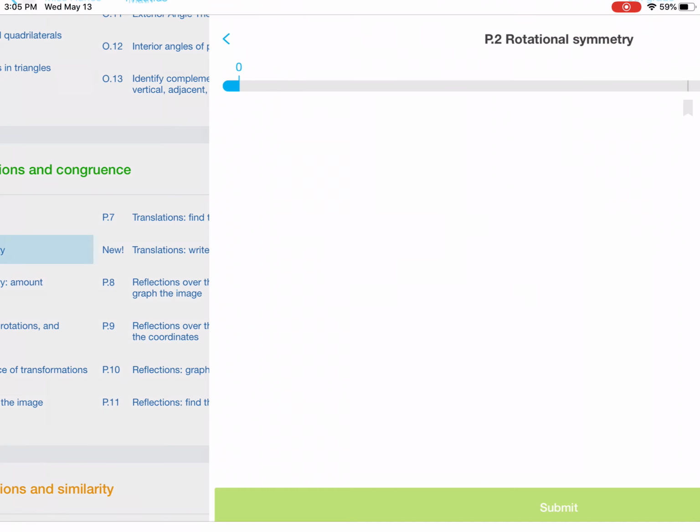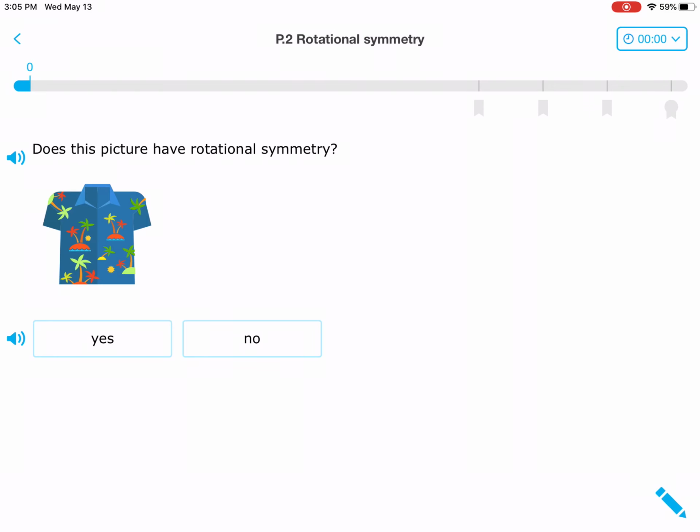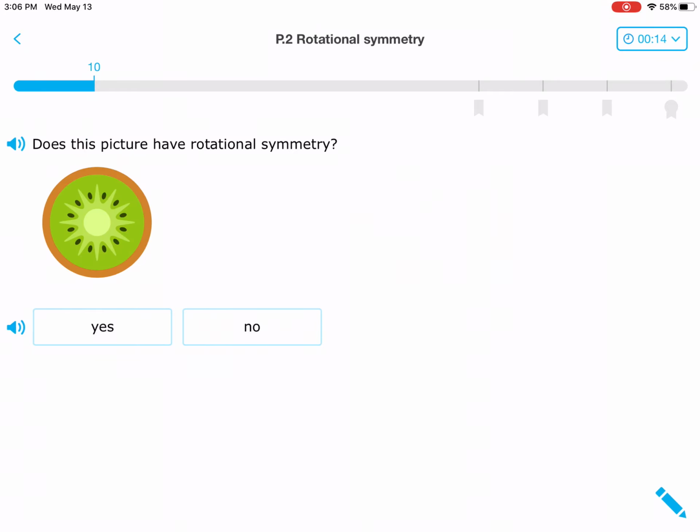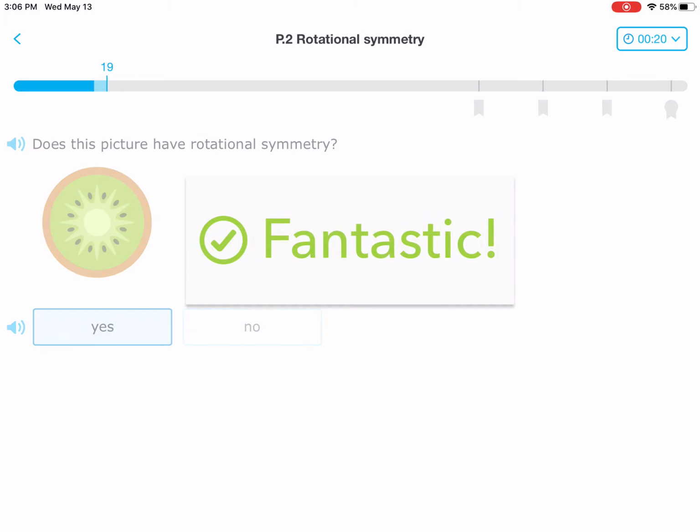Let's look at P2. This is rotational symmetry. It says, does this picture have rotational symmetry? So that means, could it be rotated and get the same image? No. Does this picture have rotational symmetry? Doesn't matter how I turn it, it's always still going to look like this slice of kiwi. So yes.